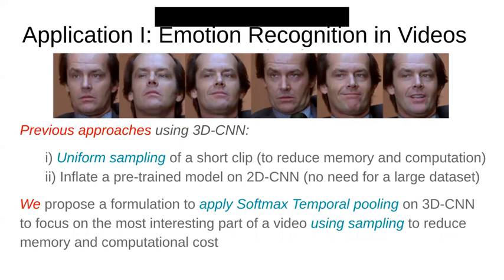So the previous approaches, as I already mentioned, sample uniformly. Instead of analyzing the entire video in one shot, they sample a small part of the video, and at every iteration of the training process, they sample a different part of the video randomly.